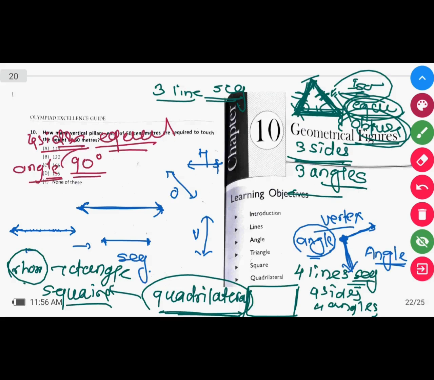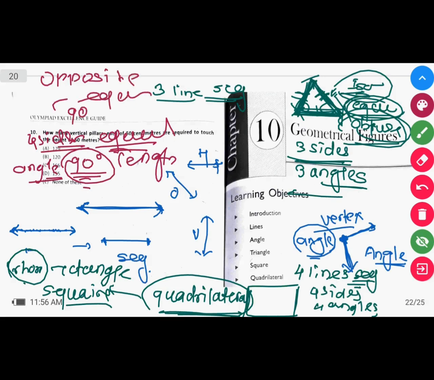Four sides, four angles, all angles of 90 degrees and equal length of sides, then it is known as a square. When opposite sides are of equal length and angles are of 90 degrees, then it is a rectangle.